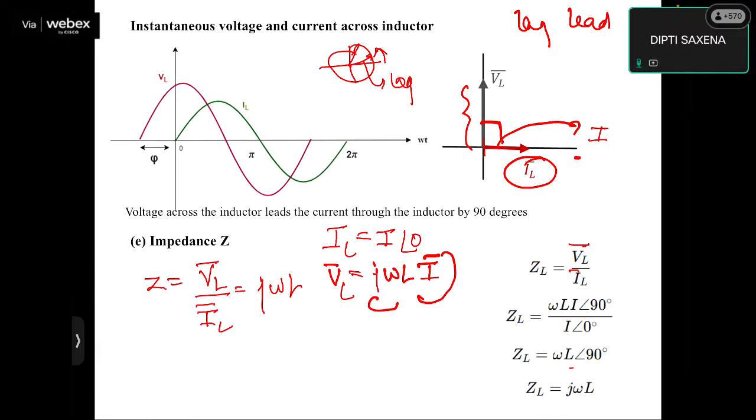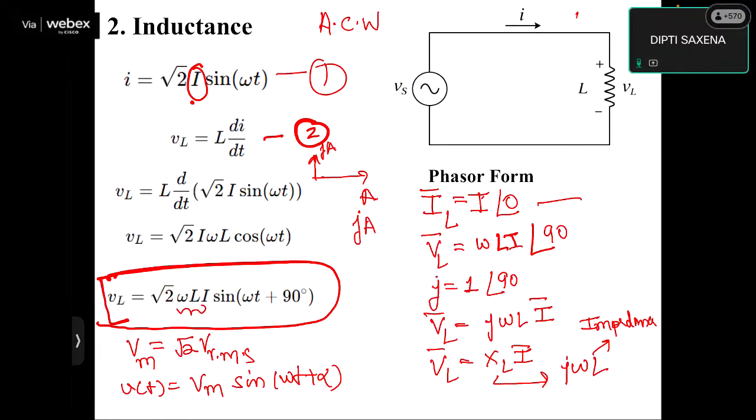Now, that was the case when I have selected I as a reference phasor. Now, if somebody says, ma'am, what if I want to select VL as a reference phasor? So if you want to select VL as a reference phasor, can you see what is the phase difference between VL and IL? Look here. This is IL and this is VL. The phase difference between VL and IL is 90 degree.